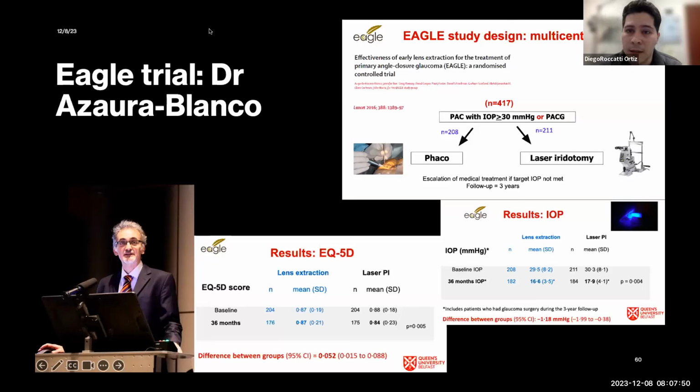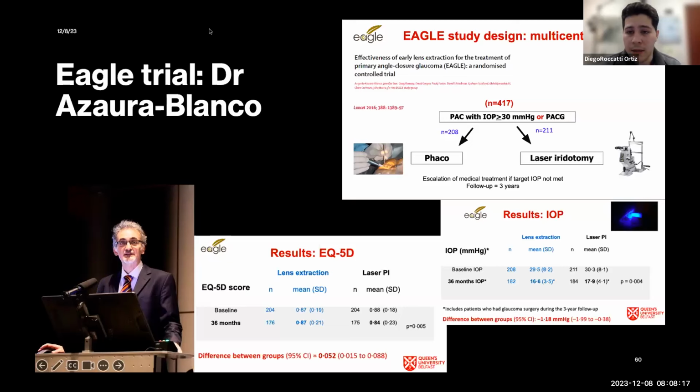In this study, they gathered a group of 470 participants with primary angle closure with a pressure of 30 or with properly diagnosed primary angle closure glaucoma, and they were randomized into two groups. One of them was the phaco group, and the other one was the LPI group.